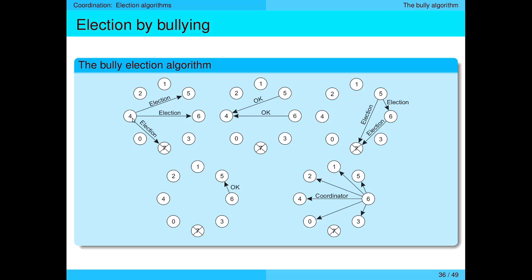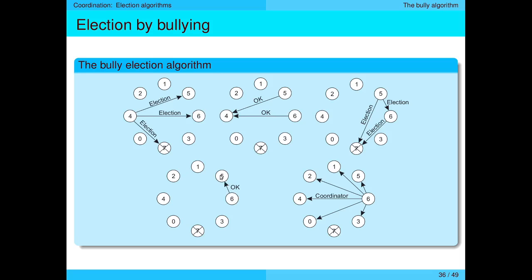So 4 sends the election message to others, 5, 6 and 7. 7 is not working, it is okay. 5 and 6 say okay, you become the coordinator, no problem, meaning they respond. So 5 and 6 are ready to become coordinator, and both send the election message. 5 sends to 6 and 7. 6 sends to 7. 7 doesn't respond to 6. However, 6 responds to 5.